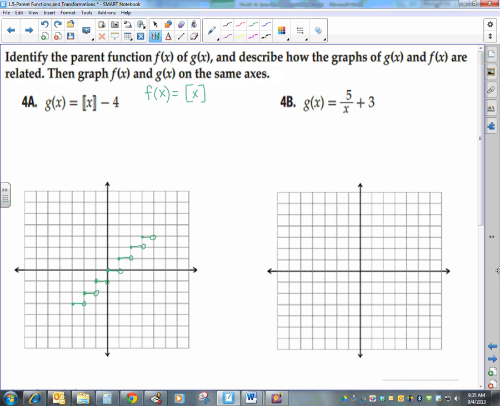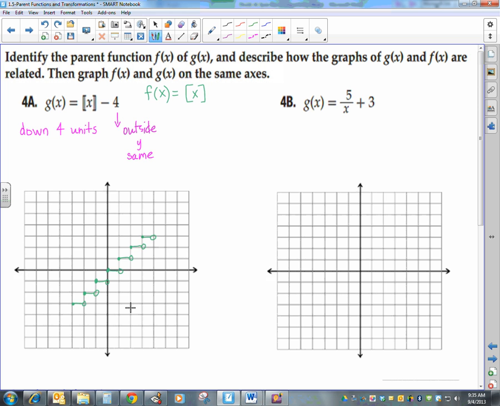What has happened here when you look at this is that the graph has been shifted. Okay, is this inside or outside? It's outside. I'm adding or subtracting, which means it's shifting up or down. Outside affects the y, and I do the same thing. So I know that my graph has been shifted down 4 units.